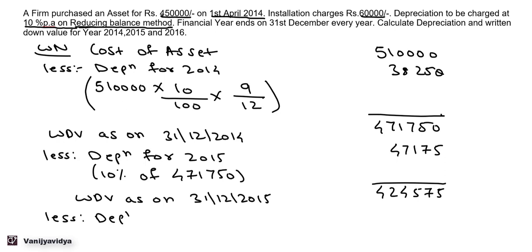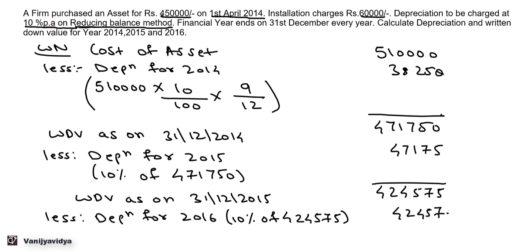Less depreciation for 2016. Now how much is the depreciation for 2016? It is 10% of 4,24,575. That comes to 42,457.5. So 4,24,575 minus 42,457.5, that comes to 3,80,117.5.